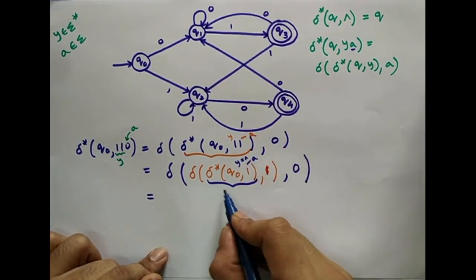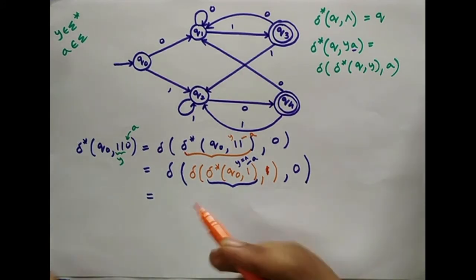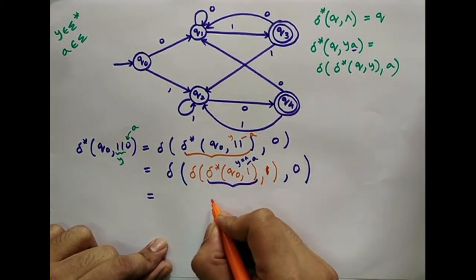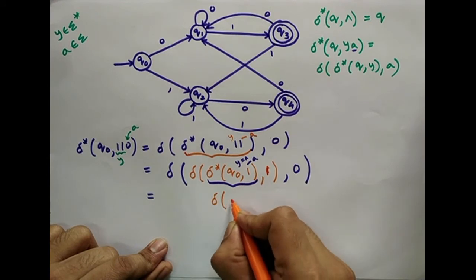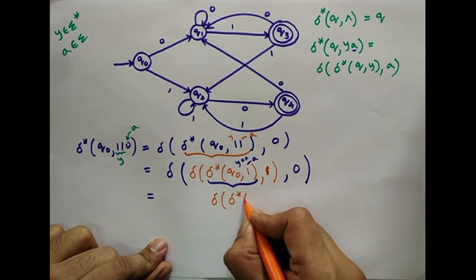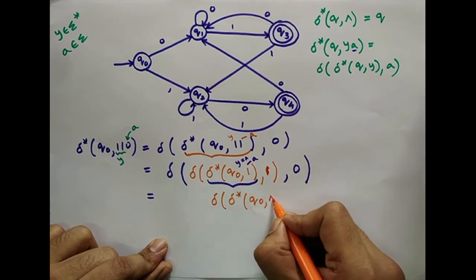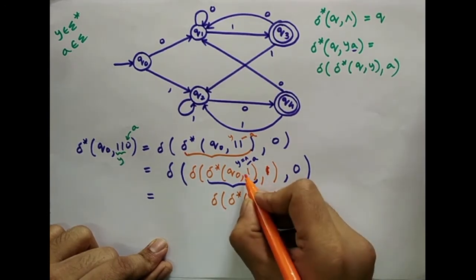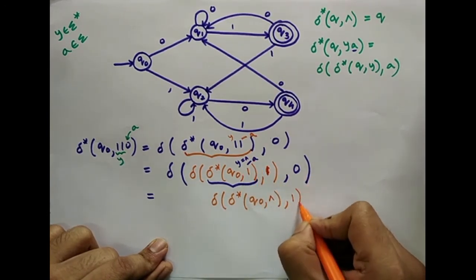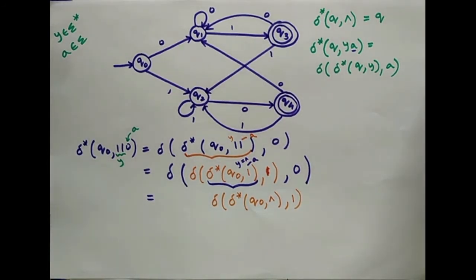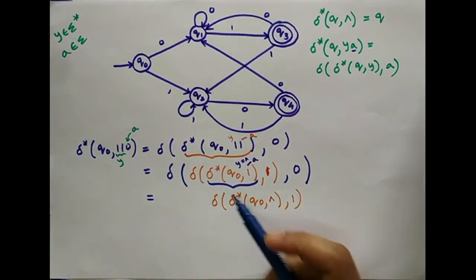Okay. So then this can be further written as delta star of q naught comma y. Now in this case y will be null, comma a, that is 1, will be written outside. So what I have written here is the definition of only this part.